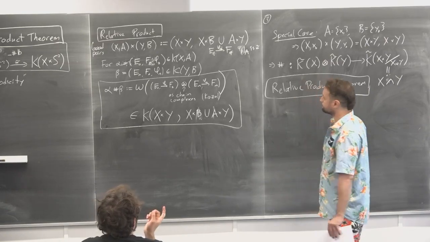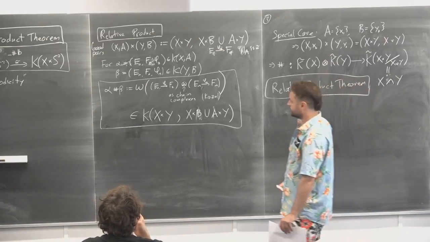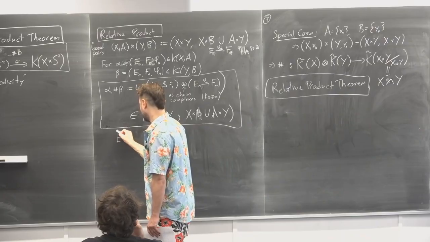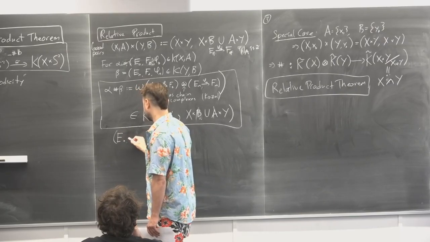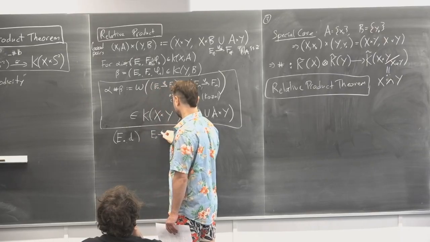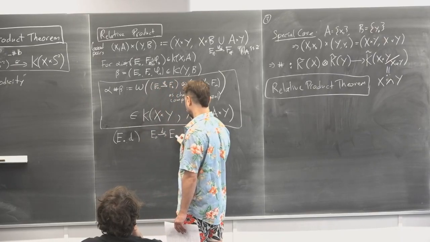Can you remind me what was the wrapping up thing again? Yeah, so let's say we have a sequence E dot, D dot.